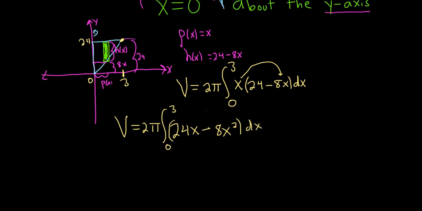Finally, we have everything to a power, so we're in a position to integrate. So this is 2 pi. I'll put a bracket here and leave it on the outside. There's a 1 here, so we will get 24x squared over 2, which is really just 12x squared, minus 8x cubed over 3, using the power rule again, and we're going from 0 to 3.